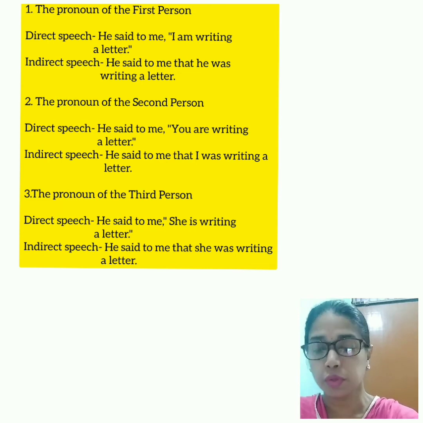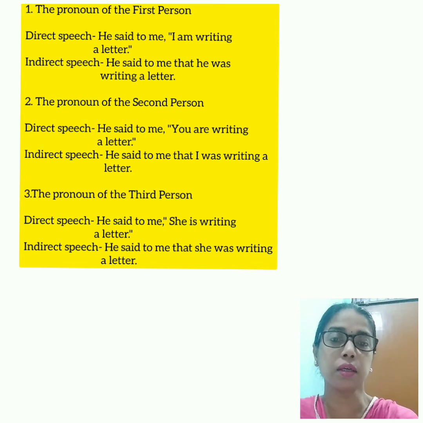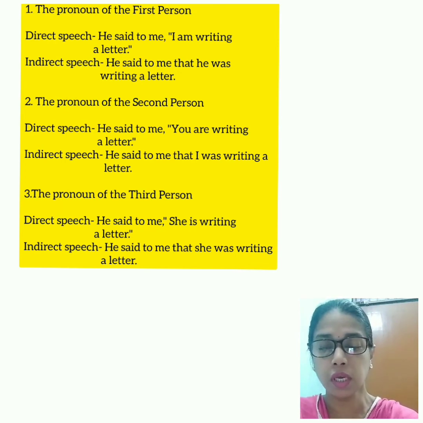Like in the example, he said to me, she is writing a letter. Now here in the reported speech, she is the third person. So when you change it into indirect speech, you will not make any changes related to she. It will remain the same.